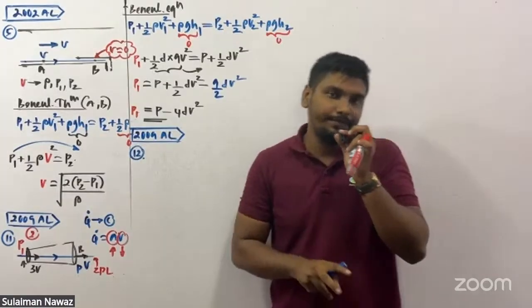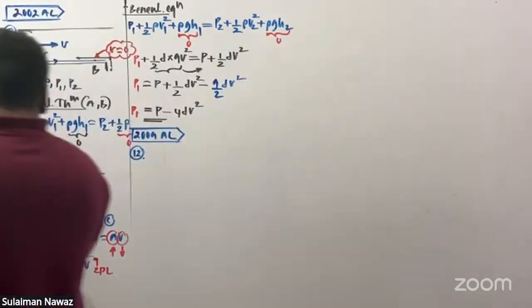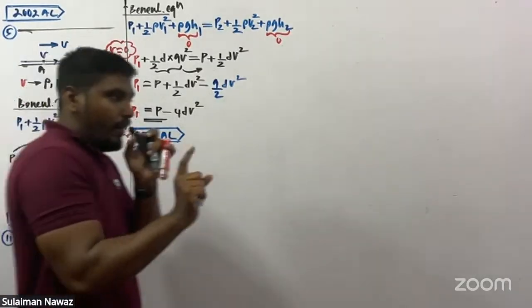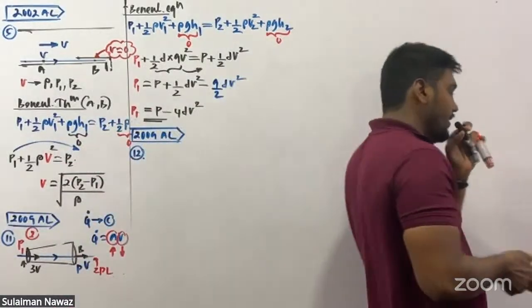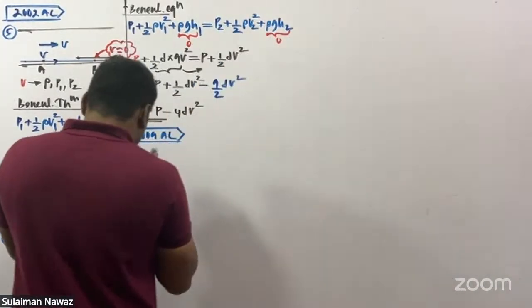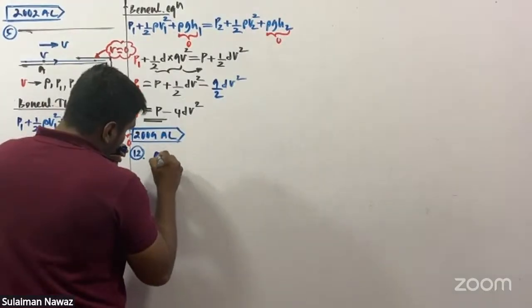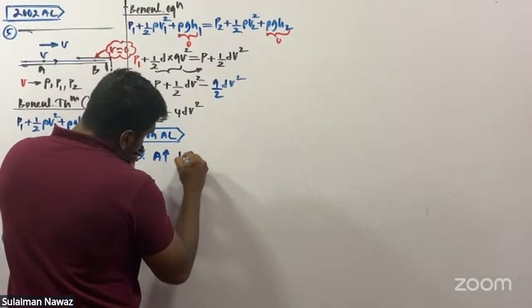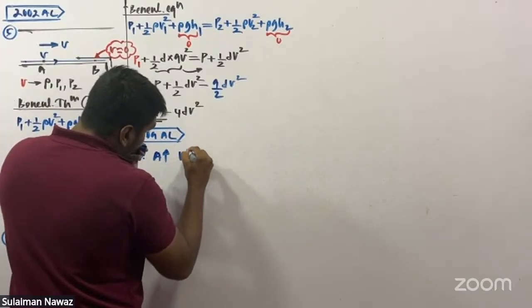From this it's very obvious that when the cross-sectional area of the fluid flow increases, the corresponding velocity decreases. You'll agree? We learn that the velocity of the fluid flow should decrease.